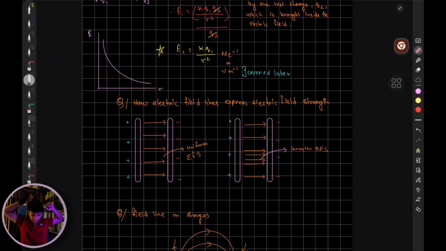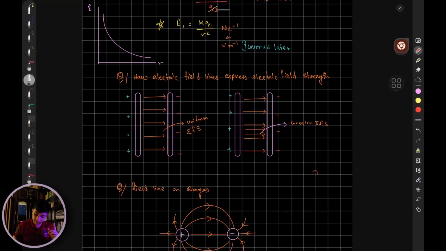How do electric field lines express electric field strength? I was just talking about radial field lines, right? And I was giving you an example. Let's say this positive charge and you have the lines like this, at which position is the field strength the greatest, at A or B? At which position is the electric field strength the strongest? And why?